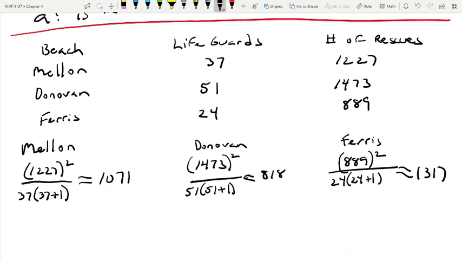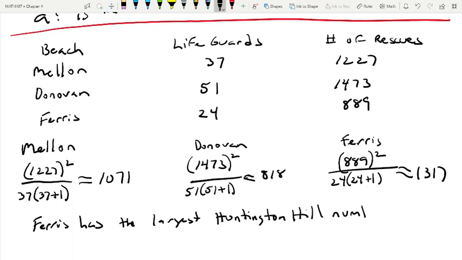So Ferris has the largest Huntington Hill number, so they should get the new lifeguard.